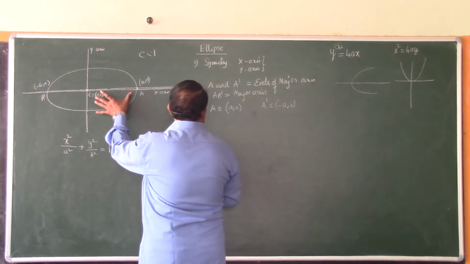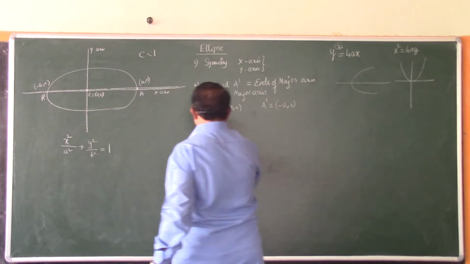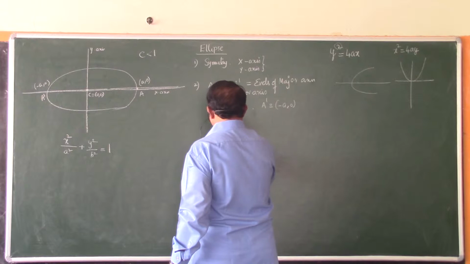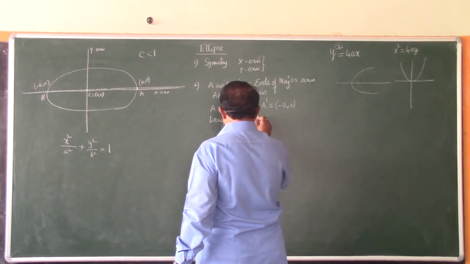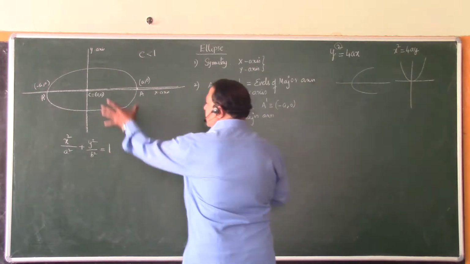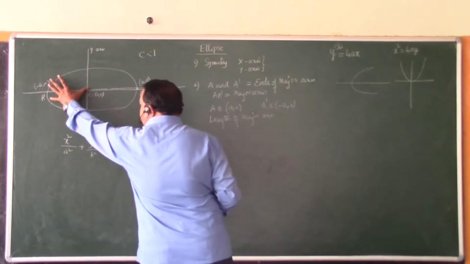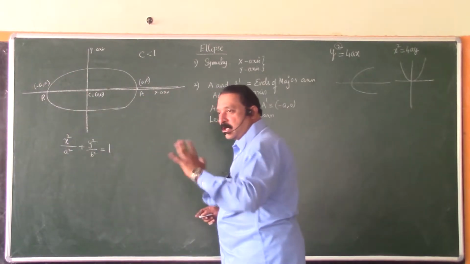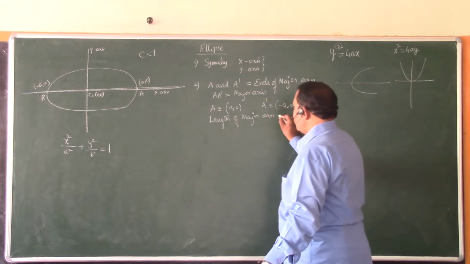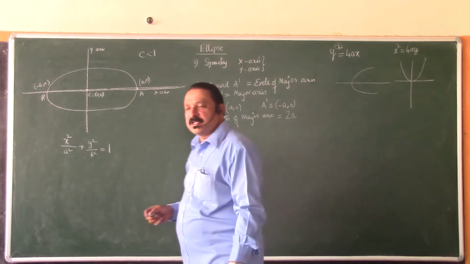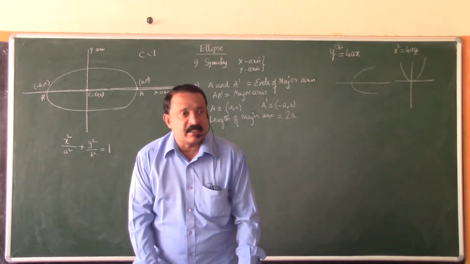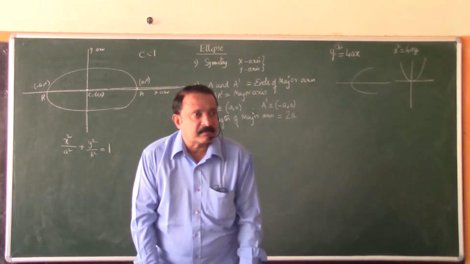Therefore, what is the total length of the major axis? This side it is a, this side is also a. So the length of the major axis is 2a. In an ellipse, the length of the major axis is 2a.